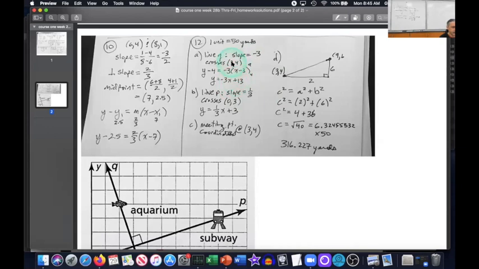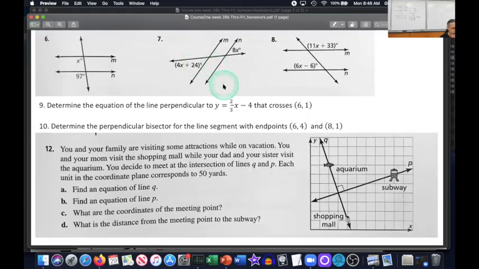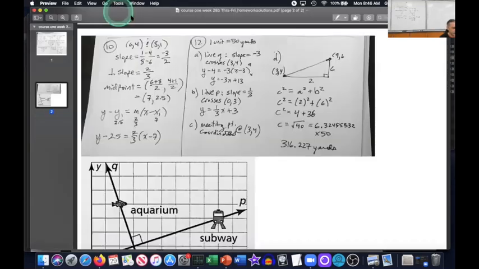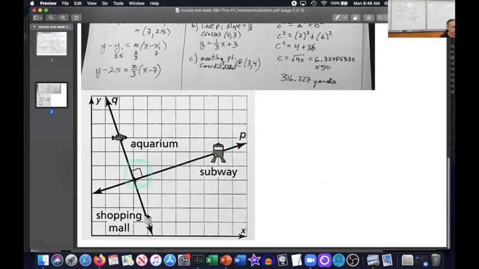Okay, and then I just picked the intersection point for line A to put in the point slope form. And then for part B, you could use the y-intercept, which right there would be 3. And so that's what I did. And then we don't have to do anything fancy to find the meeting point. We can see it. It's right there.